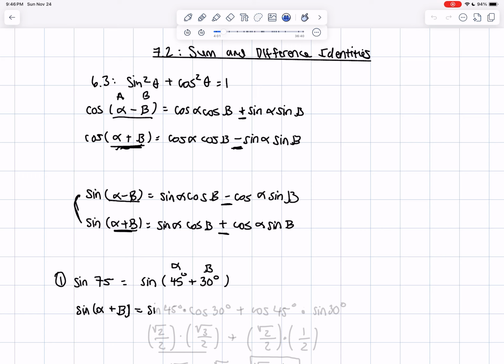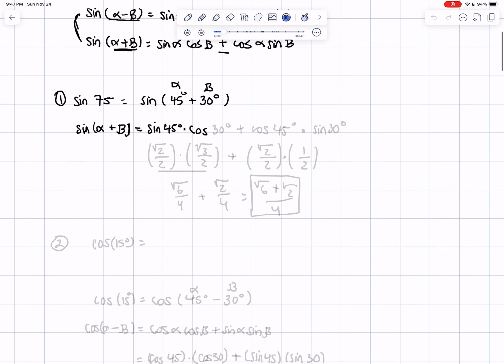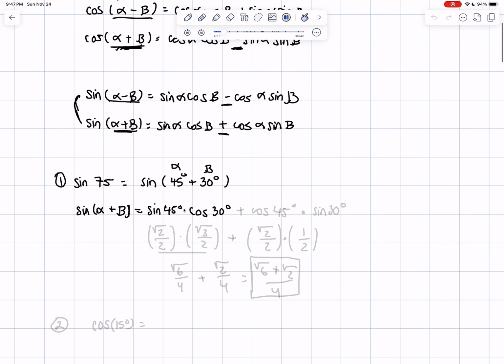So we'll do sine of 45 degrees times the cosine of 30 degrees plus the cosine of 45 degrees times the sine of 30 degrees. And then this is where you would use your chart to find out what the sine of 45 is and the cosine of 45 is, and the sine of 30 and the cosine of 30 is.